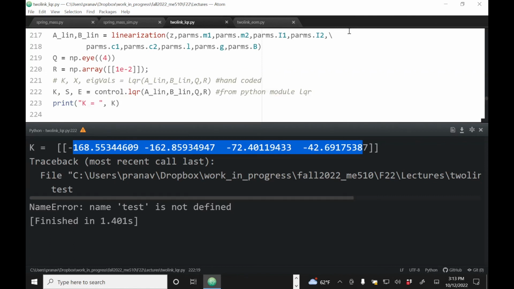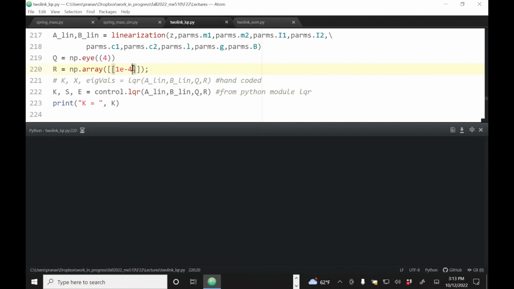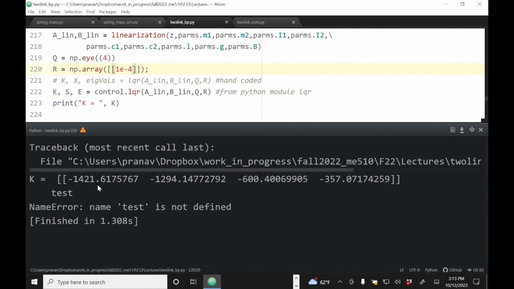I have no idea why this is 168, 162. Why is this 72? Why is this 42? Why shouldn't they be the same? I have no idea why that's true, but that's what comes from theory and it works. If you decrease this to 10 to the minus 4, it will be more aggressive. Those gains will increase probably by a factor of 100 because I decreased it by a factor of 100. You can see 1421, 1294, 600.